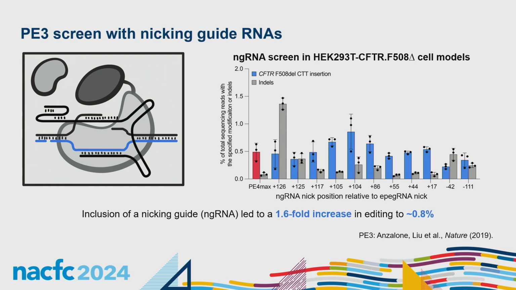And by screening a number of adjacent nicking guide RNAs, we found one that gave us a nice boost in editing without decreasing the edit to indel ratio too dramatically.